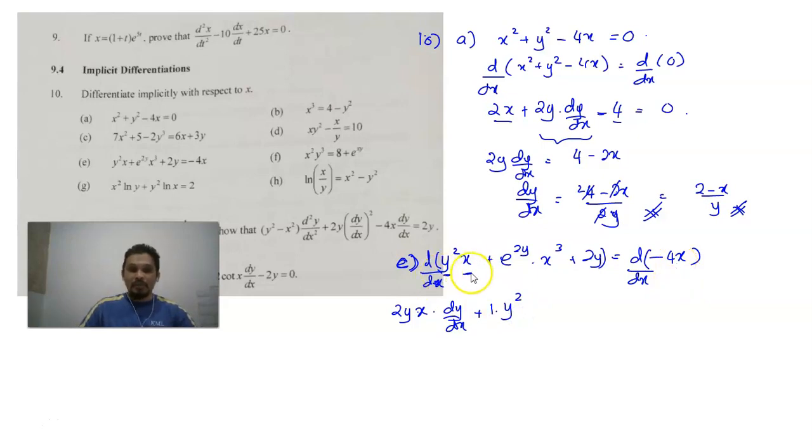So it is u prime v plus u v prime, and because we derive y with respect to x, we get 2y dy/dx, with x following, plus y squared.